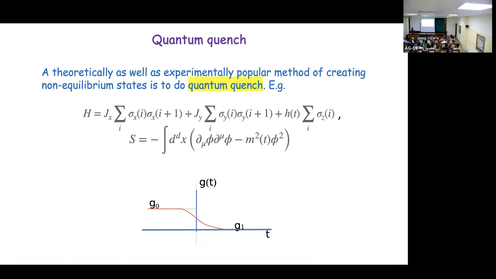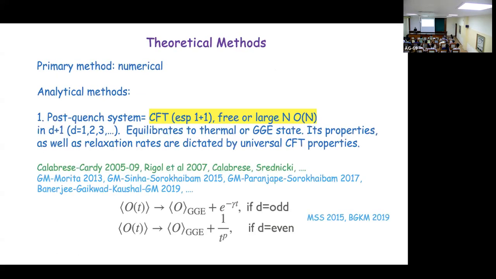These are made time dependent, and you make a sudden change, which is called a sudden quench, or a slow change, which is called a slow quench. You start with some system here, maybe the ground state of the original system. After this time development, you arrive here at some non-equilibrium state, and you get the further development of the system under the new Hamiltonian. This is called a quantum quench.